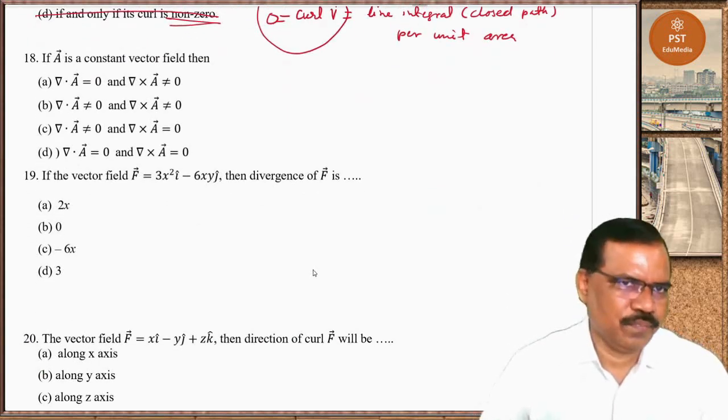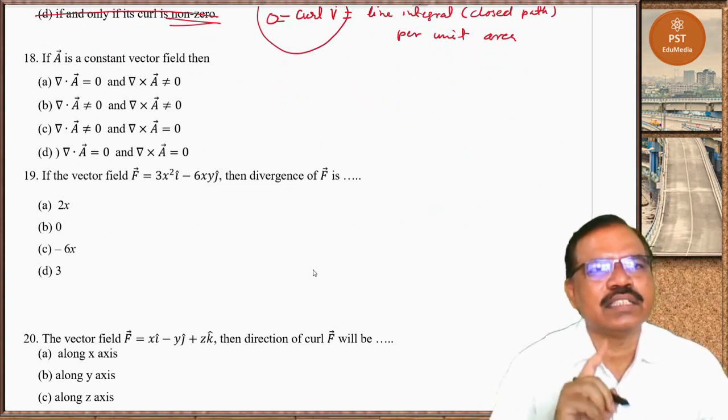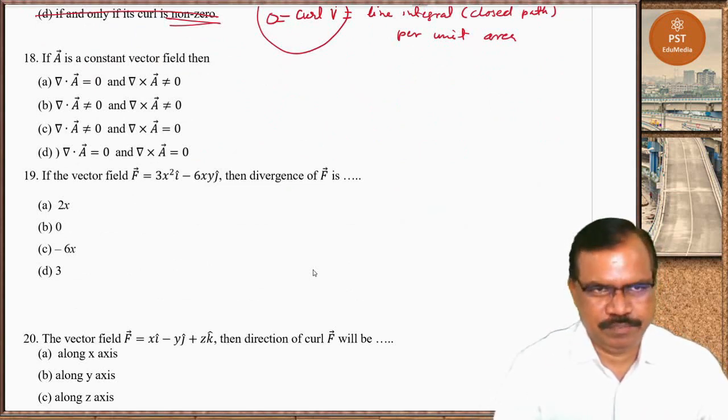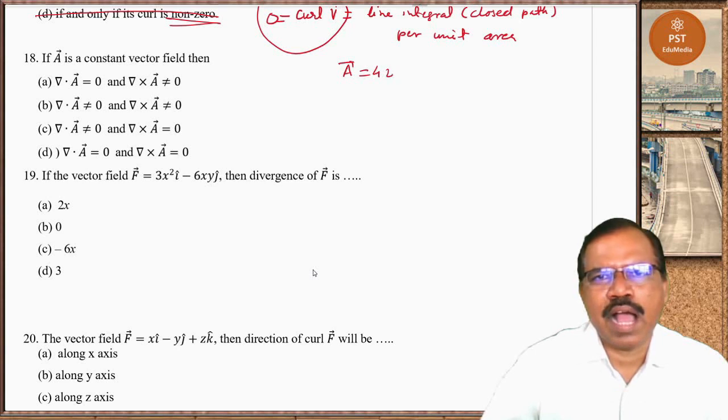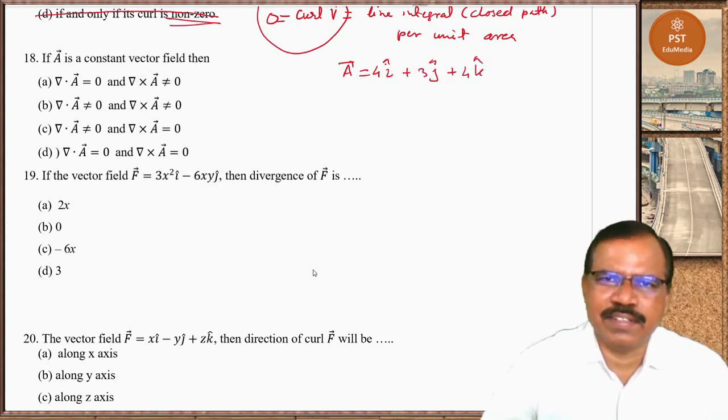Now next one. If A is a constant vector field, then constant means you can have A equal to, suppose, 4i + 3j + 4k.